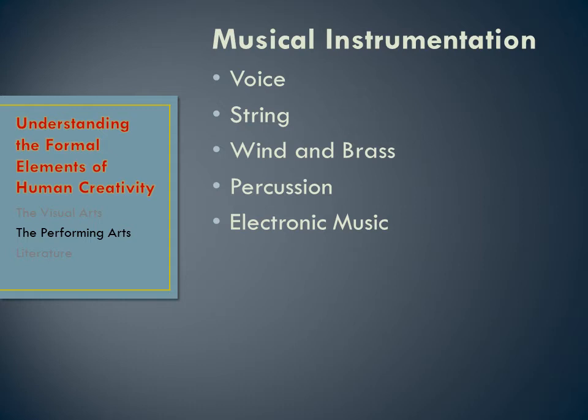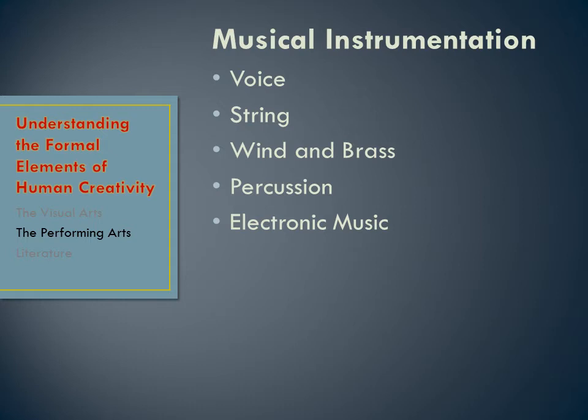Woodwinds typically are things like clarinets and saxophones, oboes, where a reed is used, a thin piece of wood, and as the musician blows air across the reed, its vibration produces a sound that is then amplified by the instrument. And by changing the position of your fingers, it raises or lowers the sound.